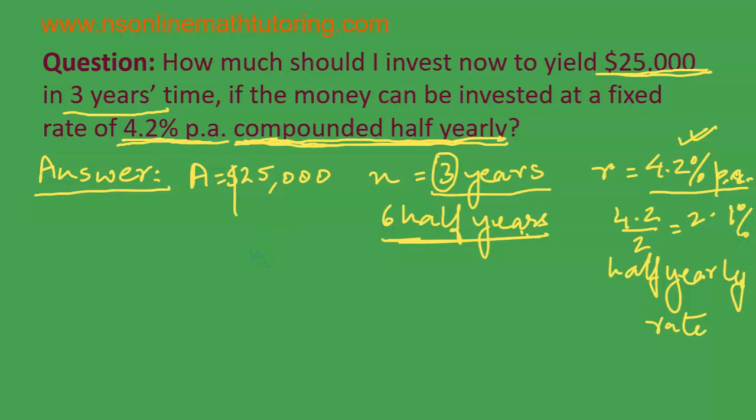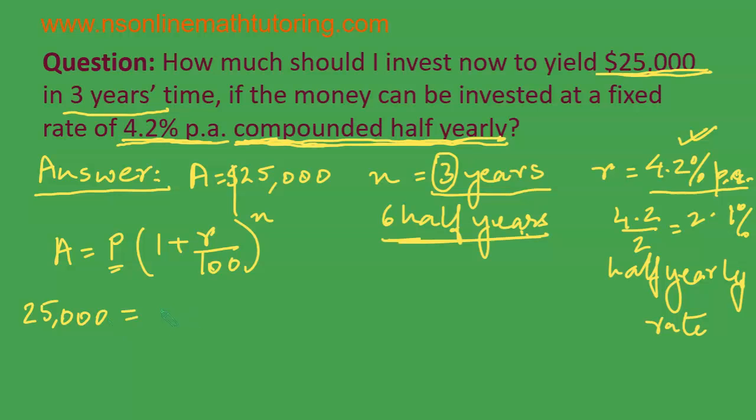And we have to find the principal. So first of all, let me write the formula. A is equal to P, where P is the principal that was invested, times 1 plus R over 100 to the power of N. So in place of A, I am writing 25,000.